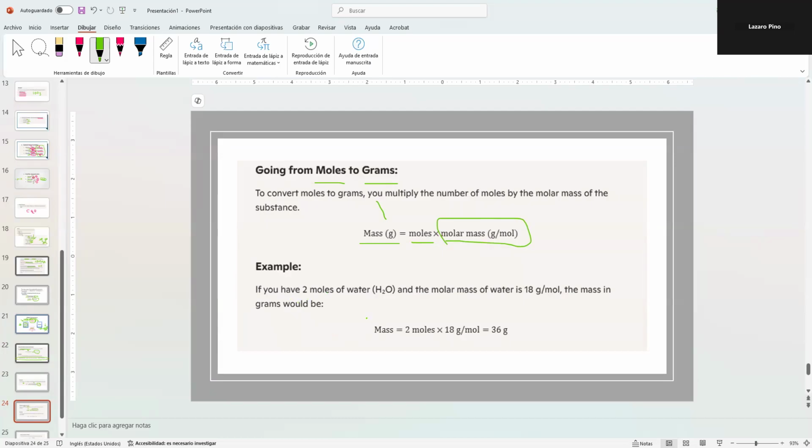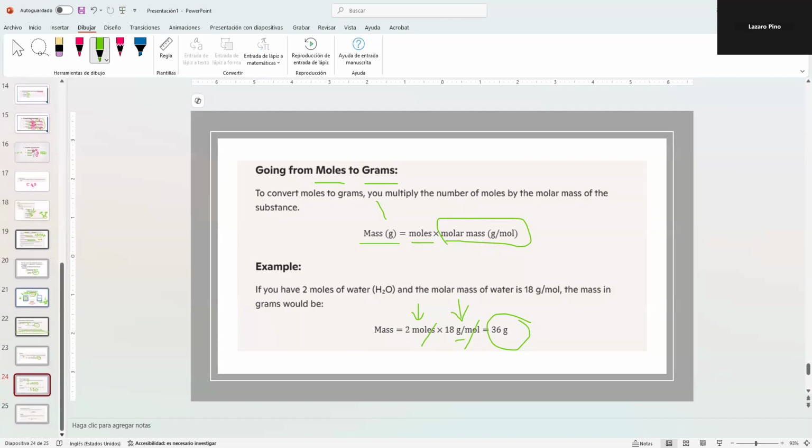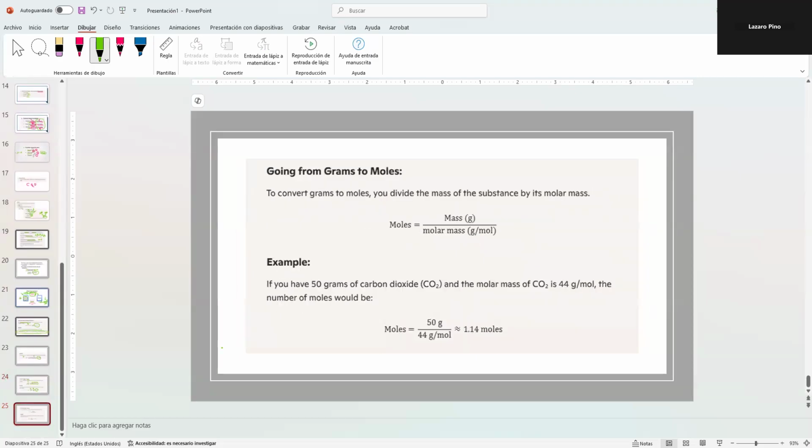Then, if you have 2 moles of water, and you know that the molar mass of water is 18, you can say that the mass of these 2 moles is 36 grams. Is the way because you cancel moles with moles, then the answer will be in grams. Stop the video, try to understand this example, and let's go to the final one.